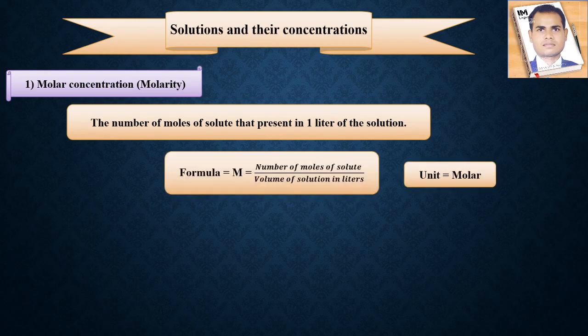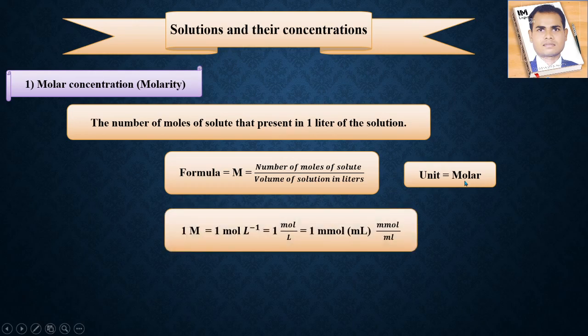And the formula for the calculation of molarity is the number of moles of solute divided by the volume of solution in liters, and the unit for molarity is molar. And you will see that in this way 1 molar is equal to 1 mole per liter.